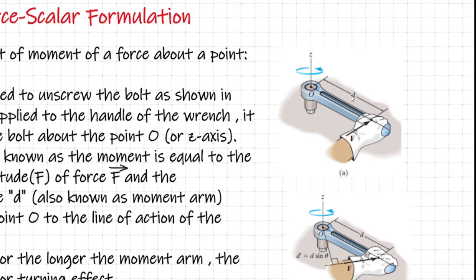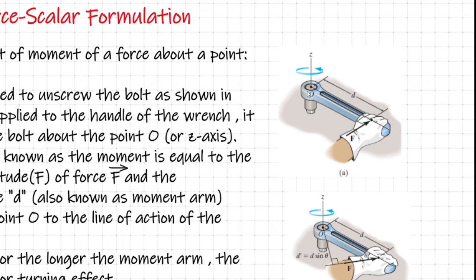Now from this sketch, it is easy to say that if we apply a larger force, it applies a larger turning effect about the bolt location O. Again, if the distance D is larger, the turning effect produced at the point O will also be larger.